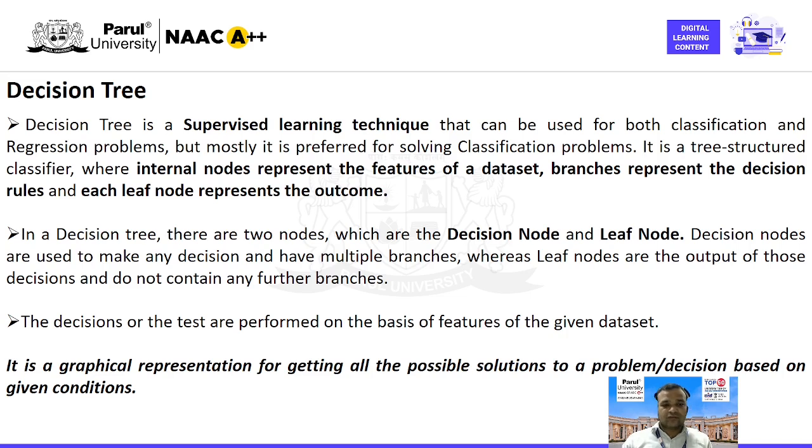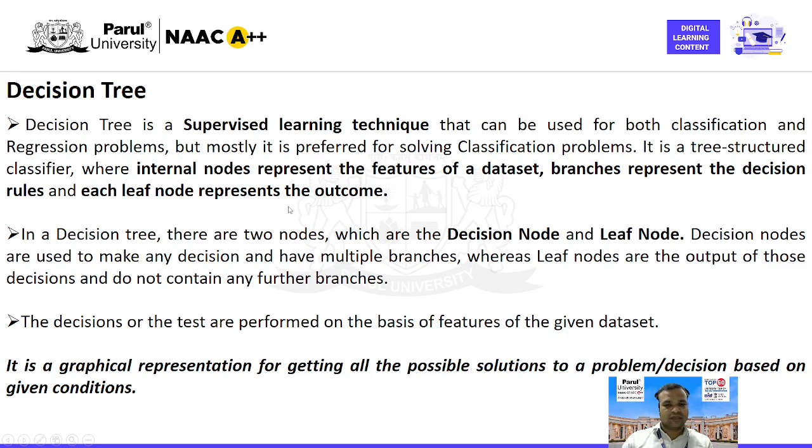A tree is a combination of nodes and branches. You all know there are some nodes and some branches. So the internal nodes represent the features of the data set, branches represent the decision rules, and each leaf node represents the outcomes.